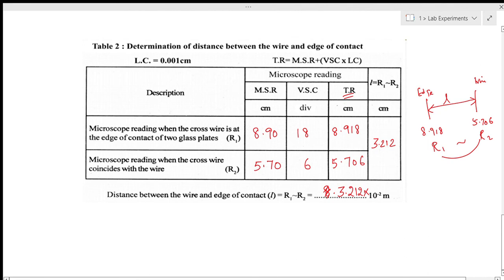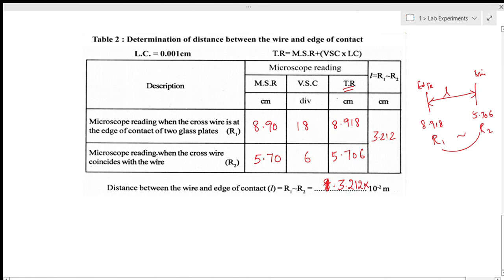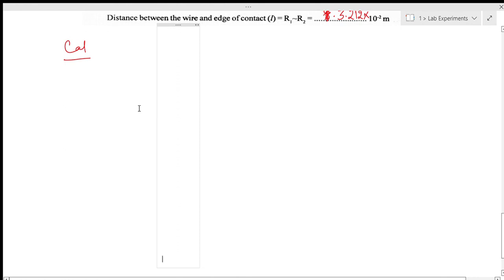Now we are moving on to the calculation part. You need to write whatever parameters are required for the calculation for finding the thickness of the wire. So what are all the values? First, lambda is provided: 5893 into 10 power minus 10 meters.